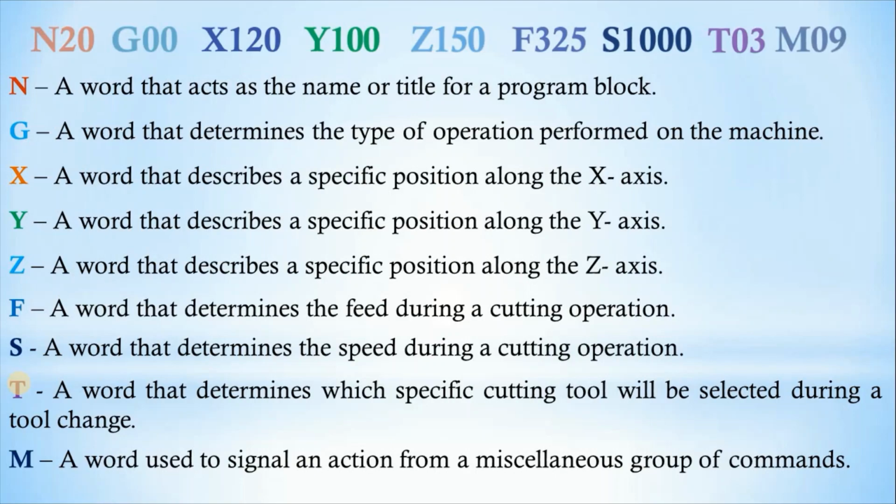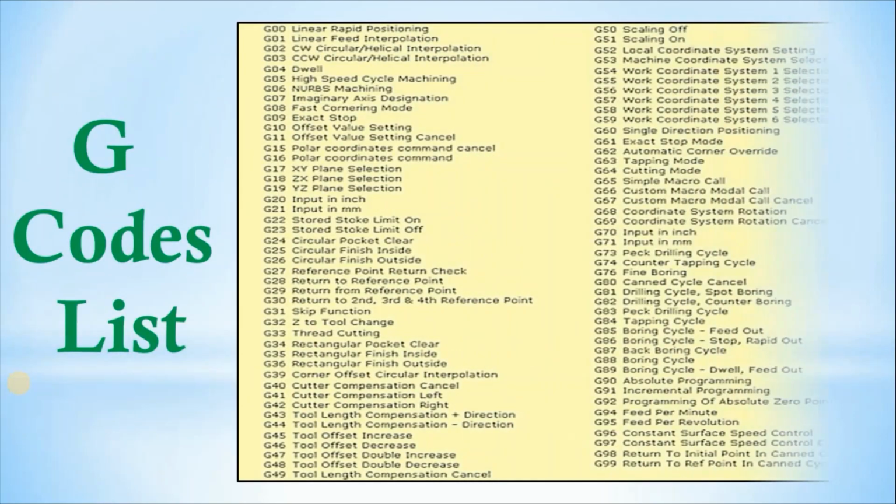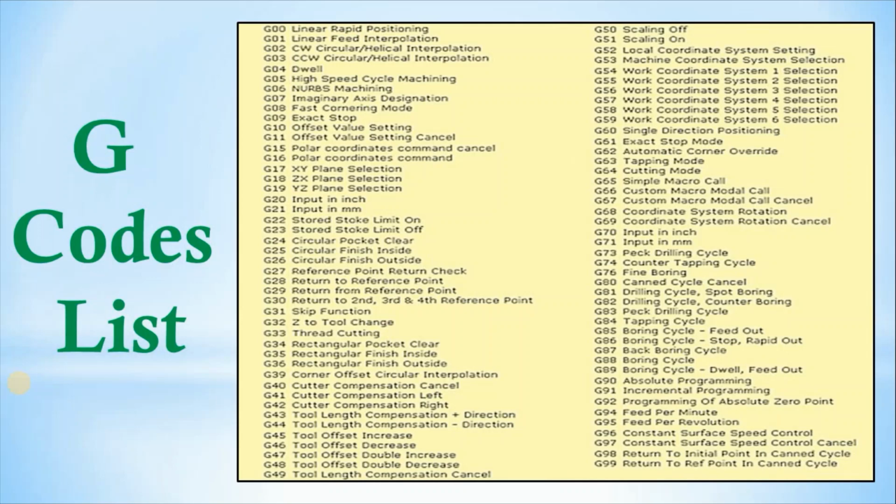That we have seen. Among these, if you see in this picture, the G codes start from G00 to G99. Each G code has its specific function, which can be used for a specific operation. So G00 is used for rapid linear positioning.